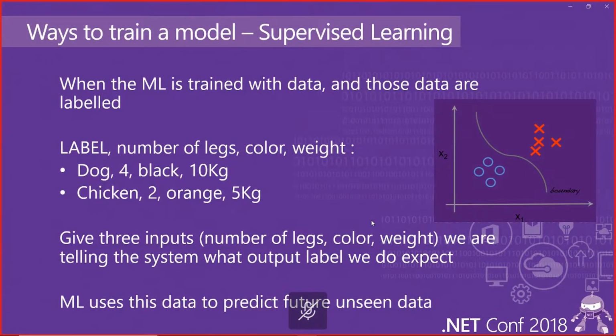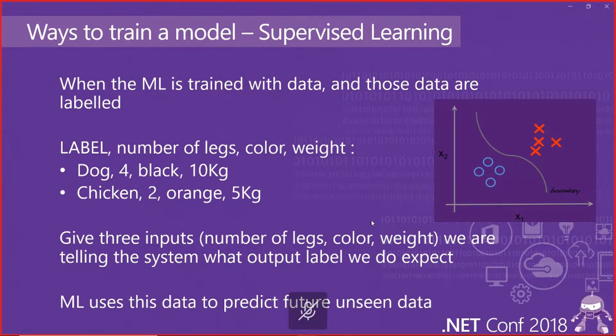There are several ways to train a model. Usually they are divided into supervised and unsupervised learning. Supervised learning is when the machine learning model is trained with data, and that data is labeled. What does labeled mean?